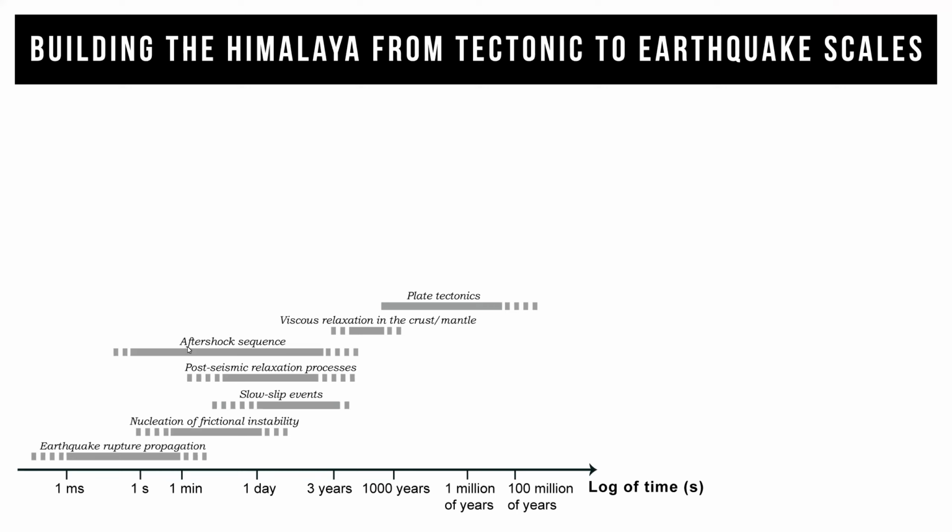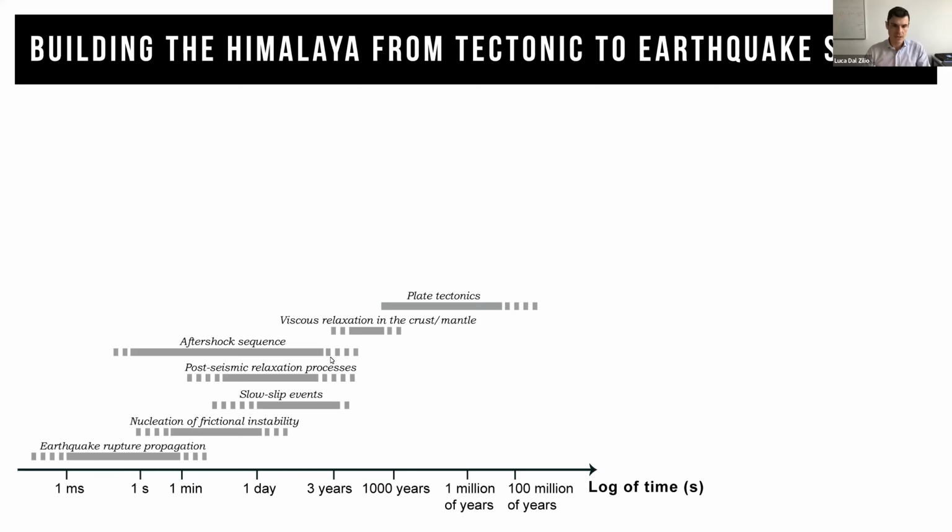At even longer timescales, there is viscous relaxation. So here we have a spectrum of temporal scales that can range from seconds all the way up to thousands or even millions of years.